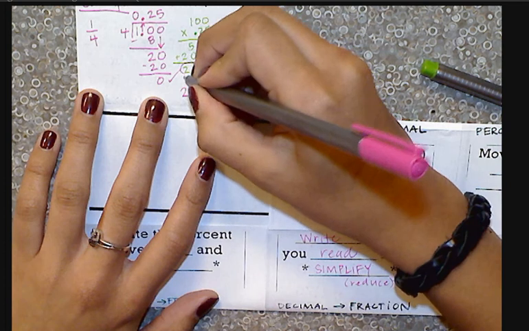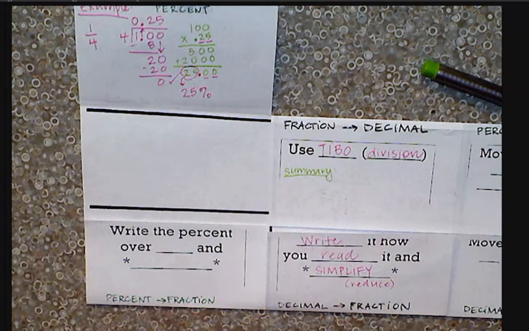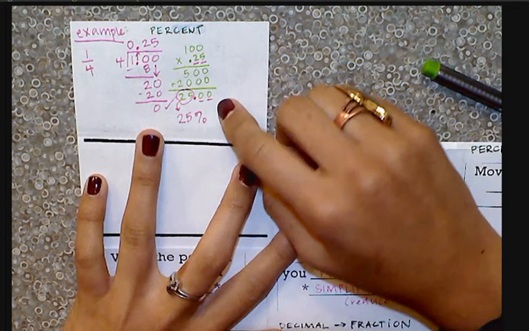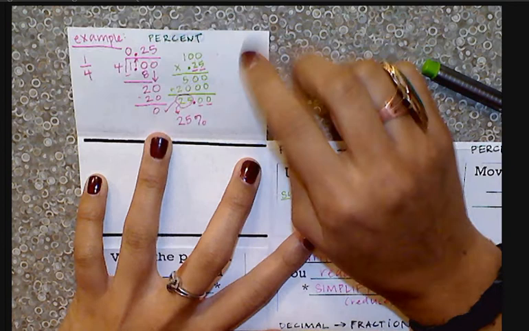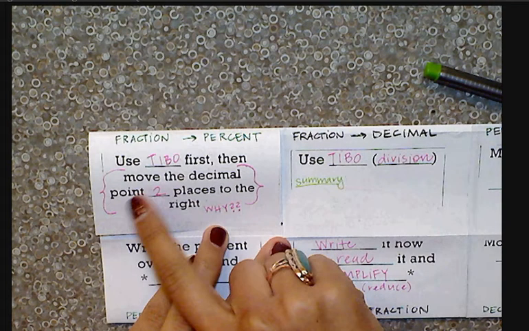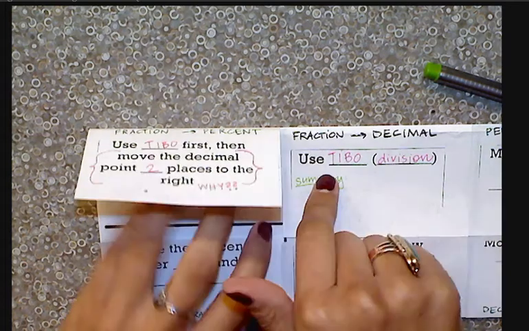Okay? There you go. Now, you're not going to have to do this every time. You're not going to have to multiply by 100 every time. If you notice, the rule or the notes actually just say to move the decimal point 2 places to the right.